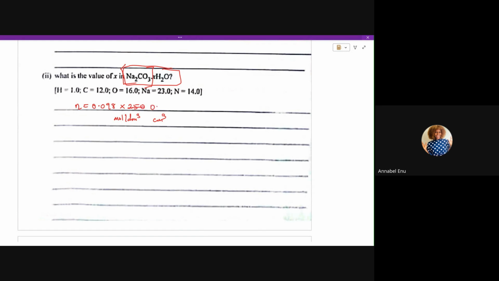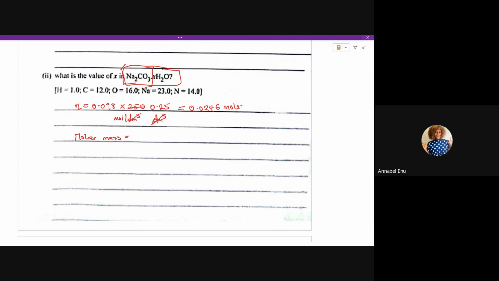Our volume will now be 0.250 dm cube. So we'll multiply this, and we'll have our number of moles to be 0.0246 moles. Okay, because the centimeters cube cancels out the other centimeters cube. Now we are left with the unit mole. Now this is the number of mole for this whole thing here. Okay, and since we've gotten the number of mole, we can now get the molar mass.